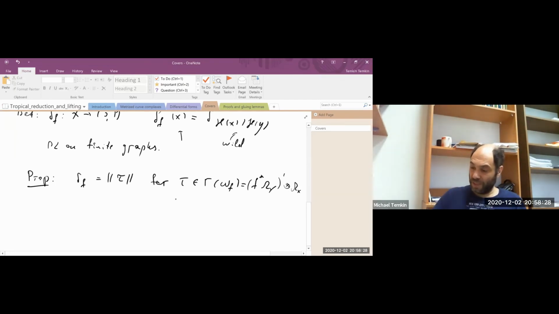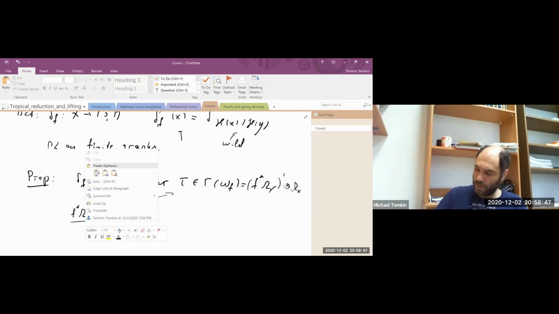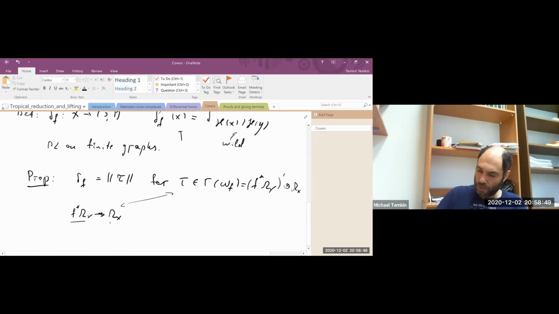And this tau corresponds just to the map from the pullback of omega y to omega x, the canonical map from the fundamental sequence. In fact, this tau just measures how much the natural norm, the norm of tau, drops with respect to the norm. And this difference is precisely measured by the different. So it's natural to expect such a thing.